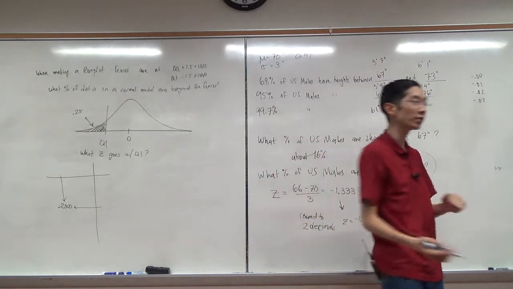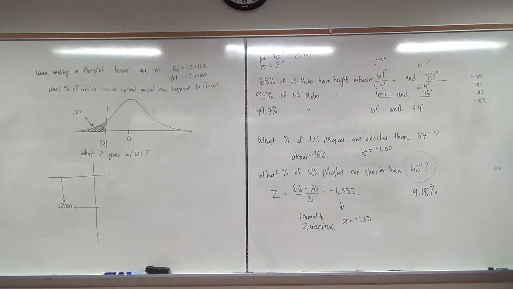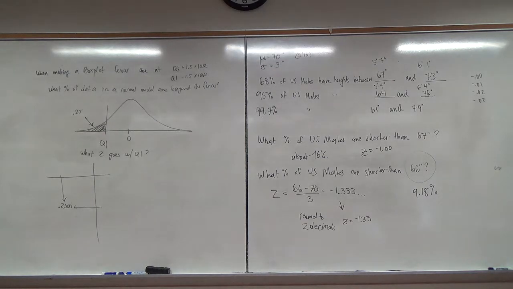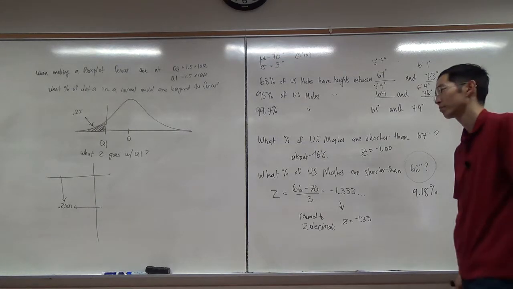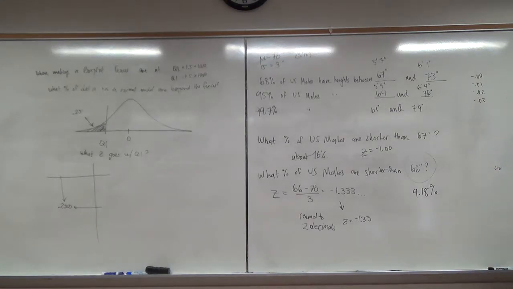Okay, so if you have your z-tables, tell me, what is the z-score that gives me a number as close to 25% as possible? Negative 1.96. I think you are looking up 2.5%. Oh.